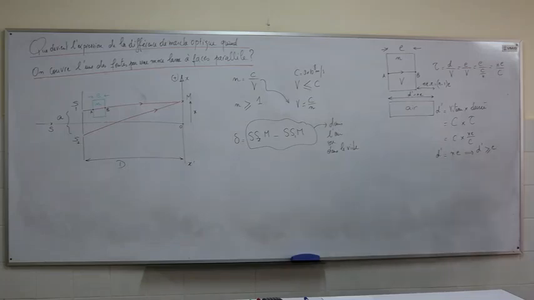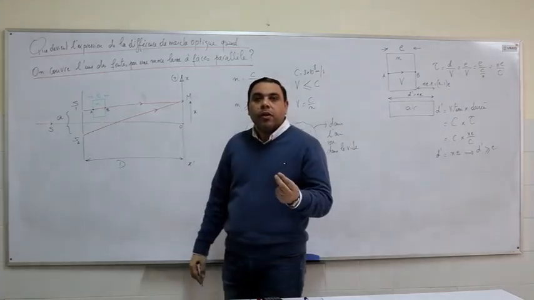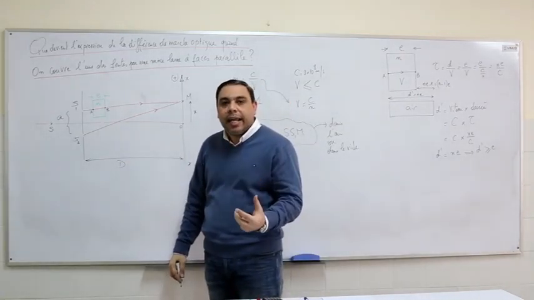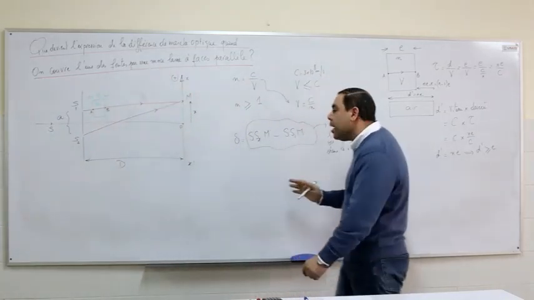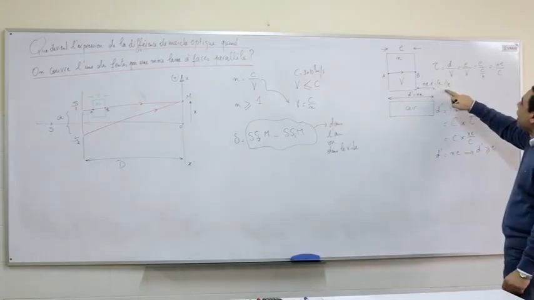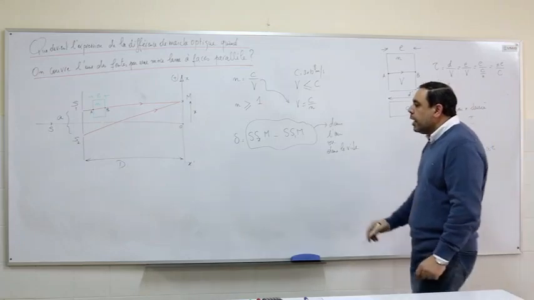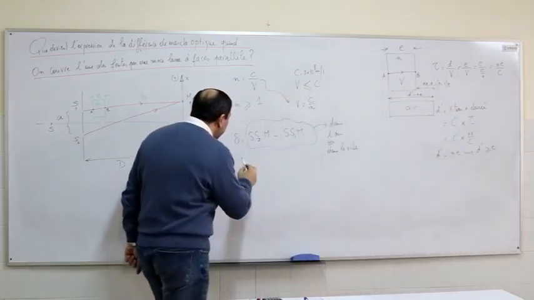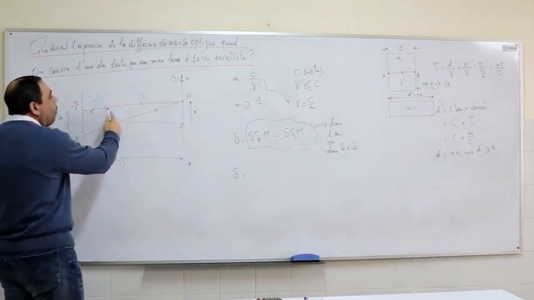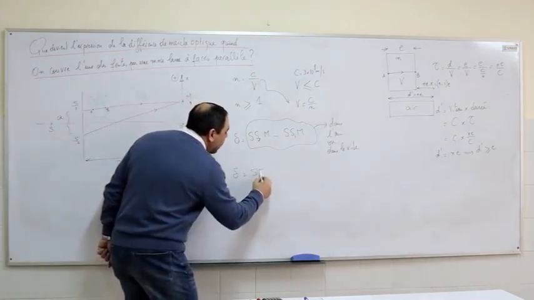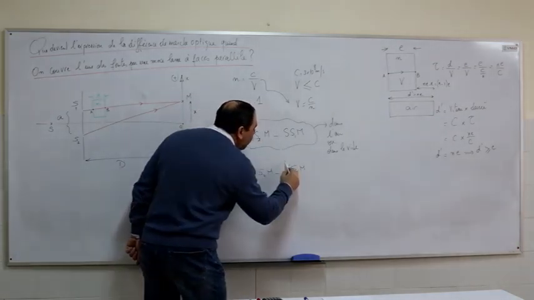This additional distance is (n minus 1)E. The additional distance is added to the path S1M. This additional distance is (n minus 1)E. So delta equals SS2M minus SS1M plus (n minus 1)E.